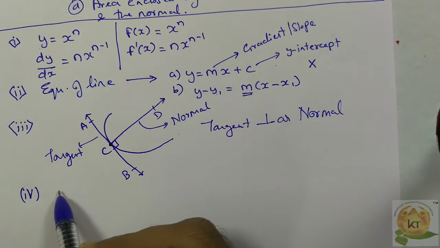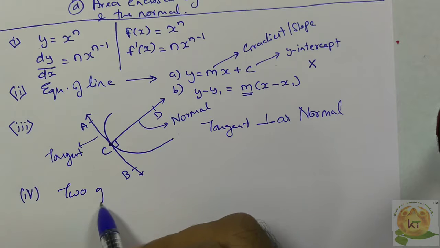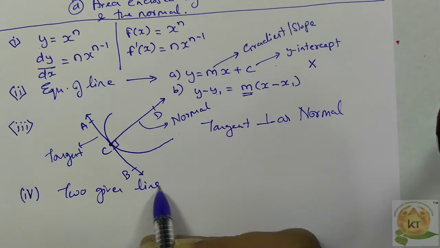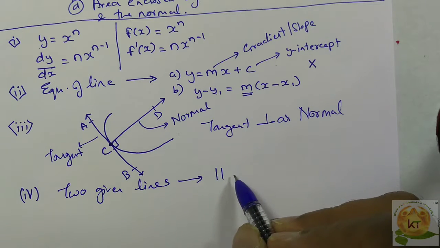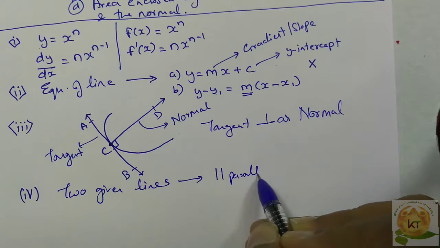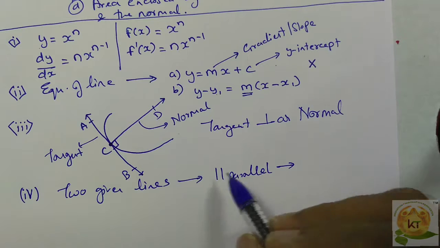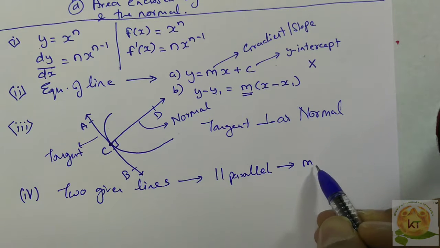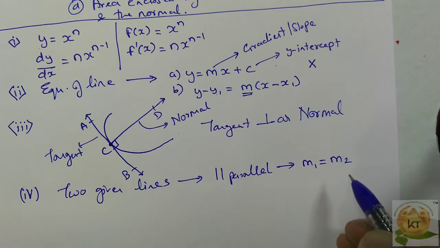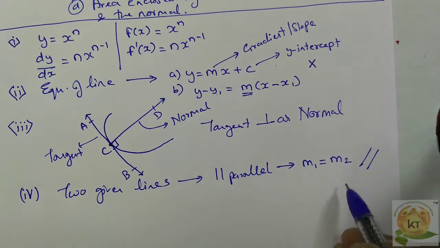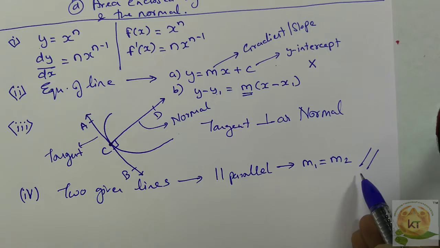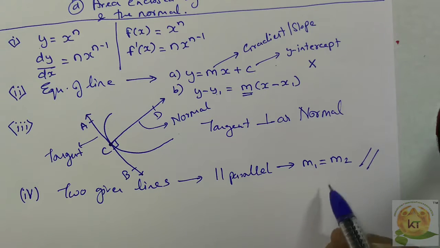So take two given lines. If they are parallel to each other, what is the relation between their slopes, their gradients? The gradient will always be equal, because however you draw the lines, in any direction, the steepness of the slope is going to be the same. So m1 is always equal to m2.